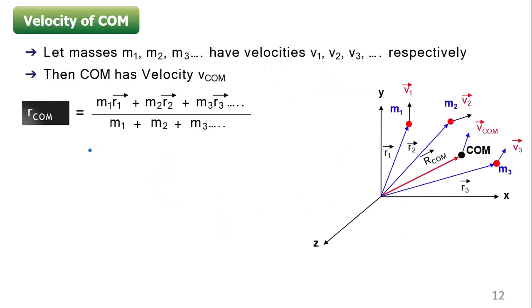Similarly, once we calculate the position of the center of mass, I differentiate it to get the velocity. The velocities of the individual particles v1, v2, v3, v4 are different, but taking the total effect gives the velocity with which the center of mass is moving.